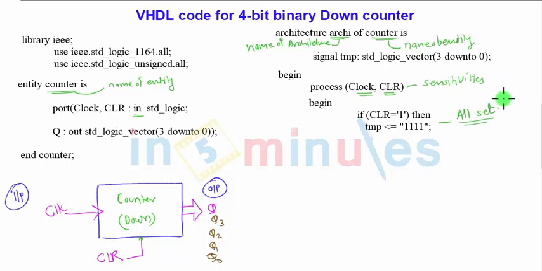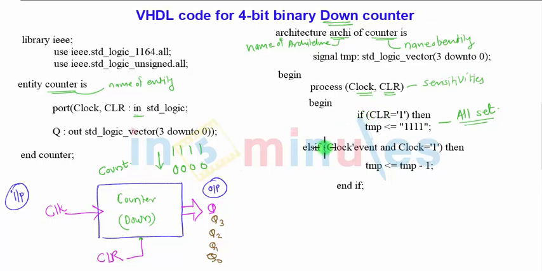So all set, 1 1 1 1, all the way to 0 0 0 0. This is the count operation, since this is a down counter. So if the clear pulse is 1, that is the beginning of the counter, all the values should be set. That's why the temporary vector is set.